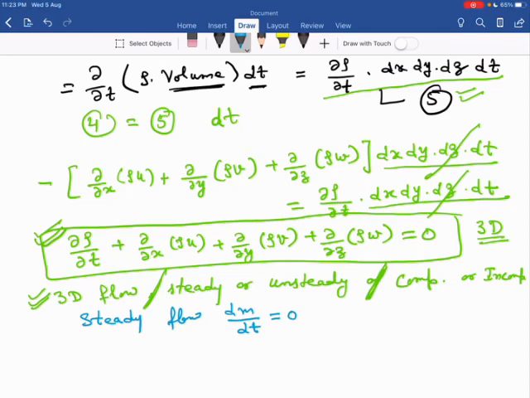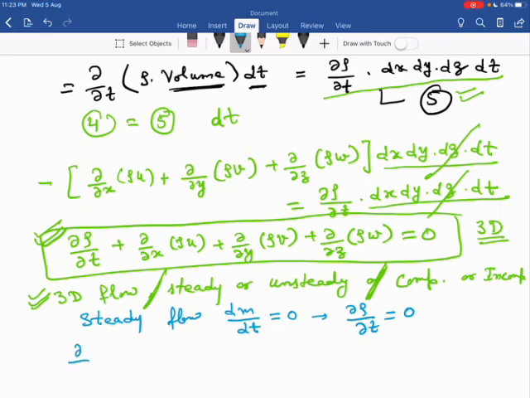So you can also write for this as ∂ρ/∂t is also equal to 0. So now you can say there is no variation of density with respect to time, that is for steady flow. So for steady flow, this term is 0.